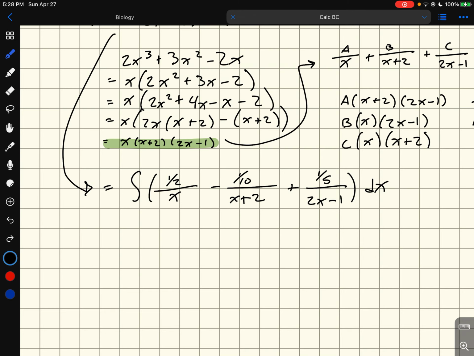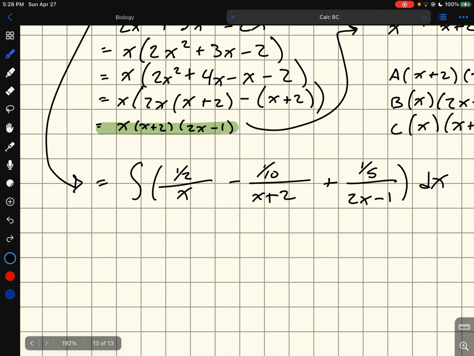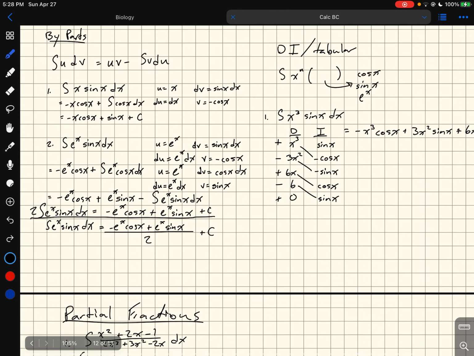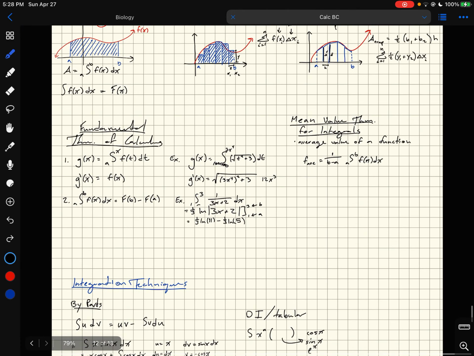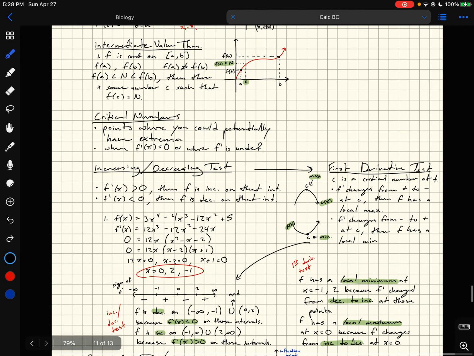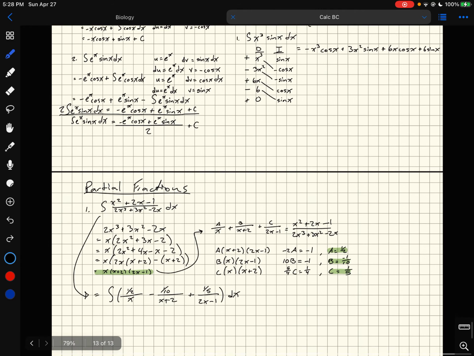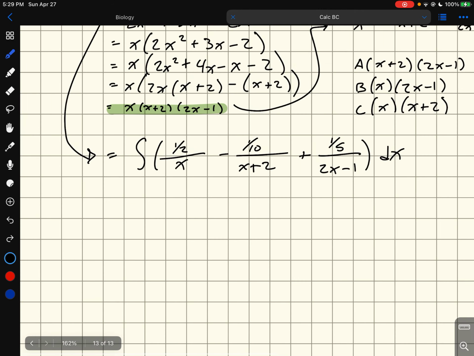Now this is nicer because we do know how to take the integral of these smaller fractions, because there's only an x in there. And remember, I went over it in a previous section, the integral of something over just a singular x to the first degree.